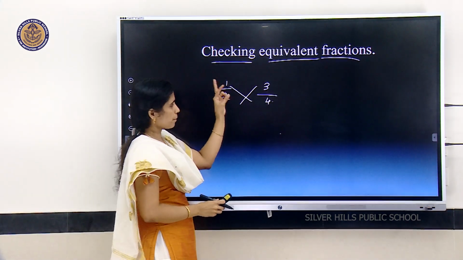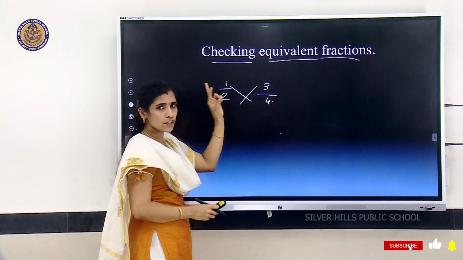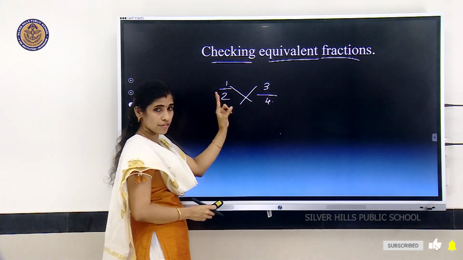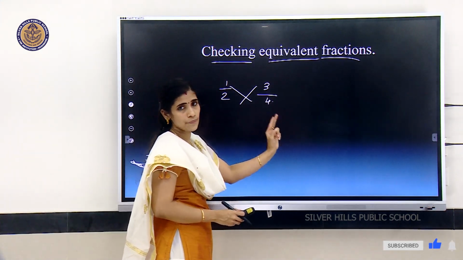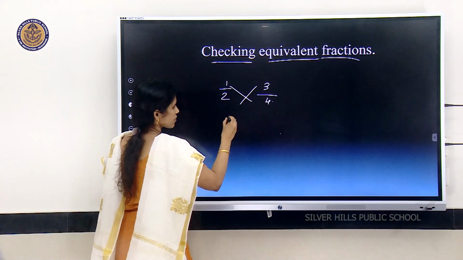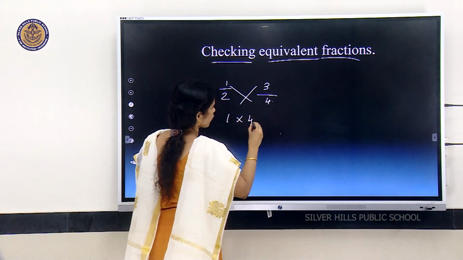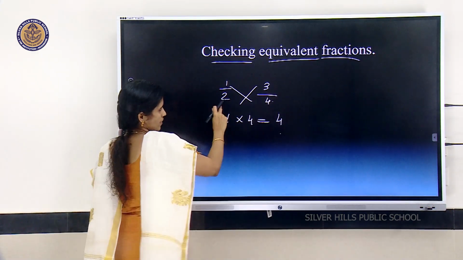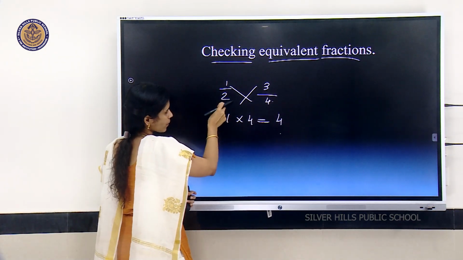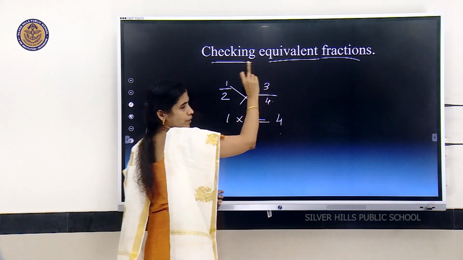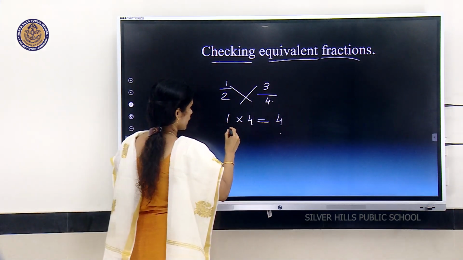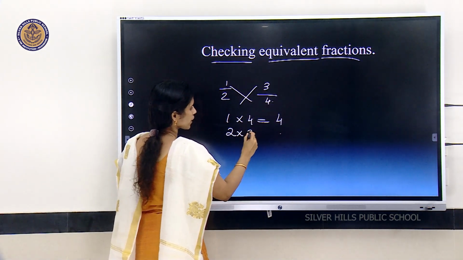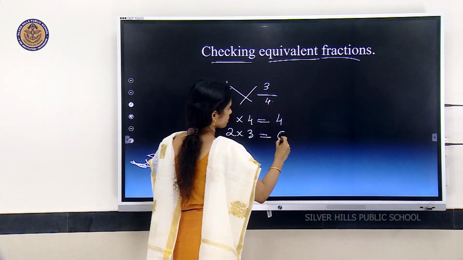First you have to multiply the numerator of the first fraction and the denominator of the second fraction. That is 1 into 4 is equal to 4. And next multiply the denominator of the first one and the numerator of the second one. That is 2 into 3 is equal to 6.